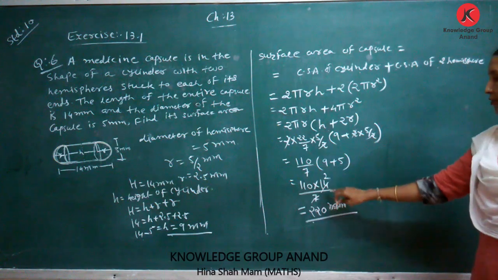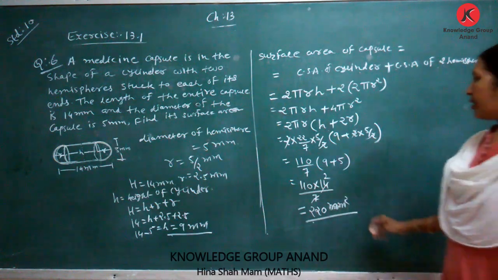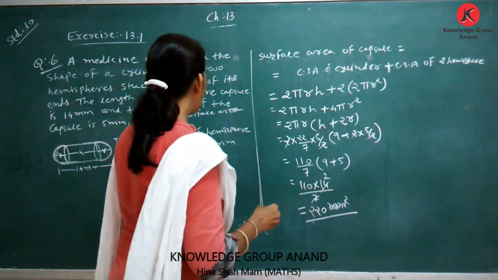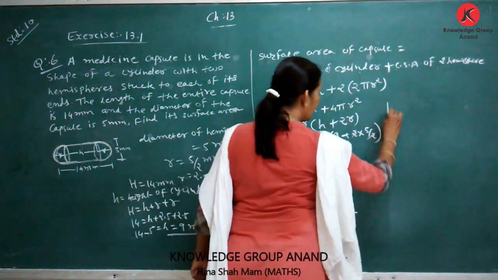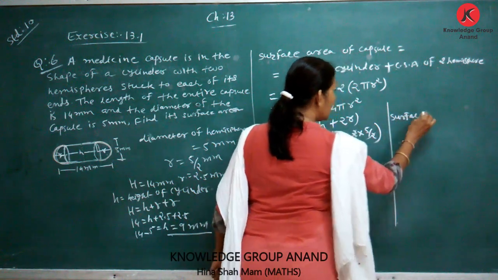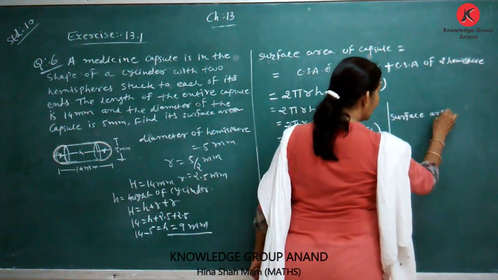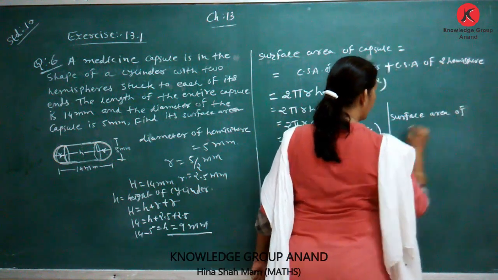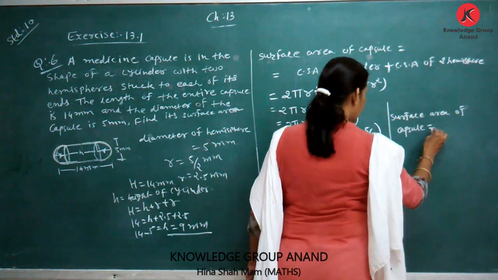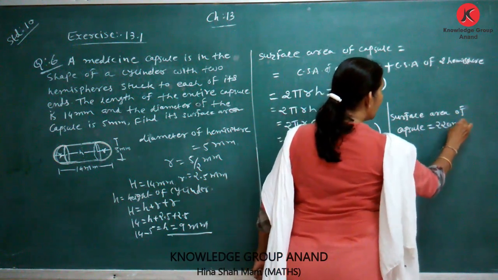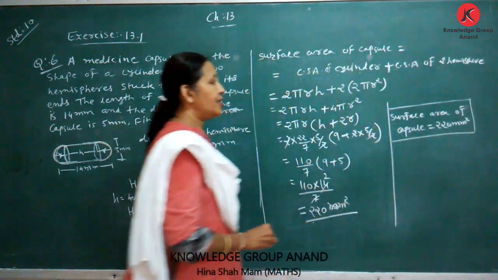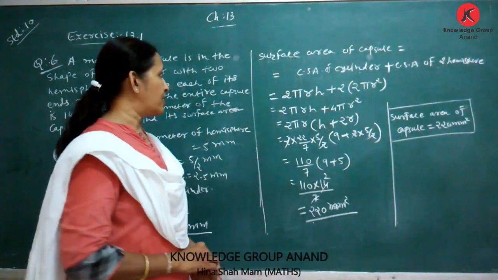Then putting the values we get the surface area of capsule, which is our last answer, equal to 220 millimeter square. We write it like this. It is our last answer.